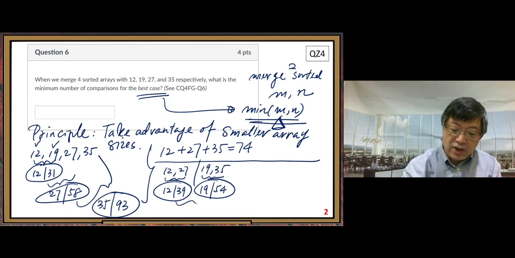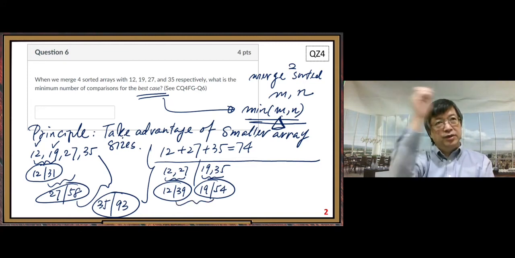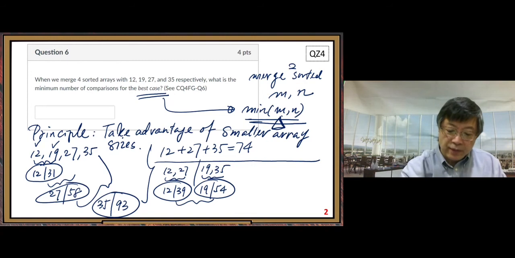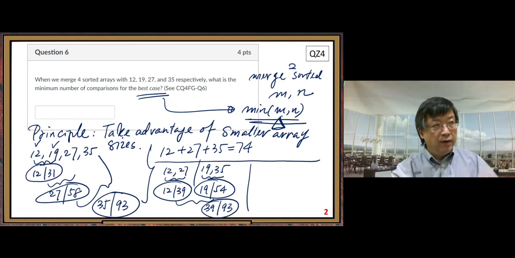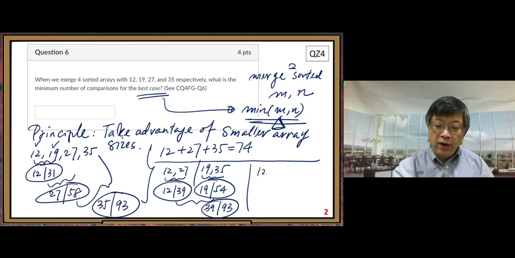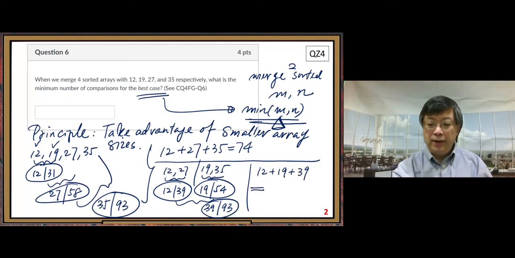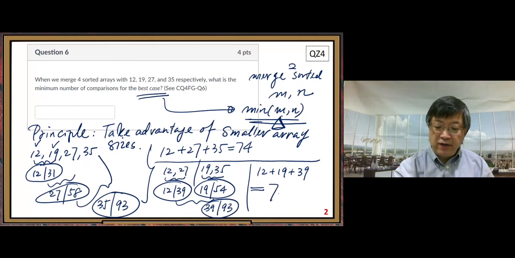So last step, merge these two arrays. 39 comparisons, 93 elements. All right, so total number of comparisons, 12 plus 19 plus 39, so 70.